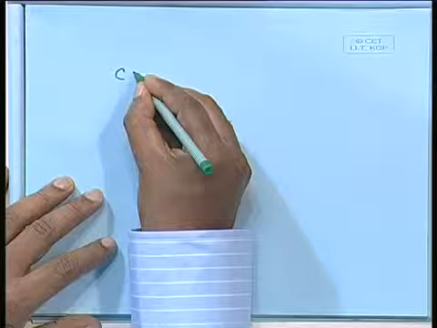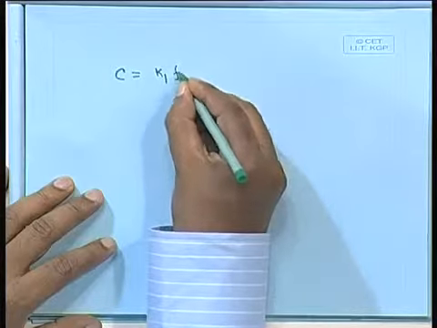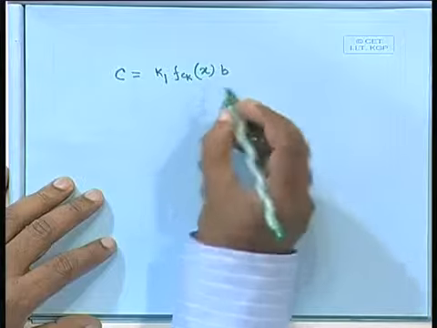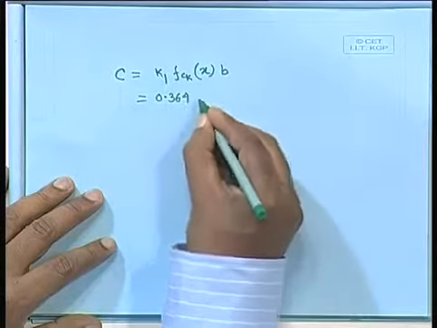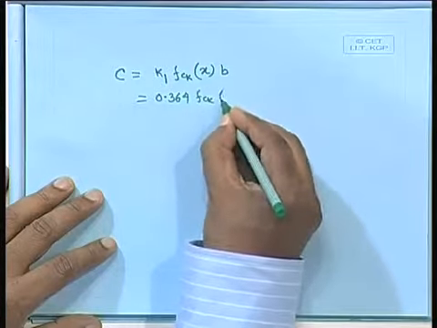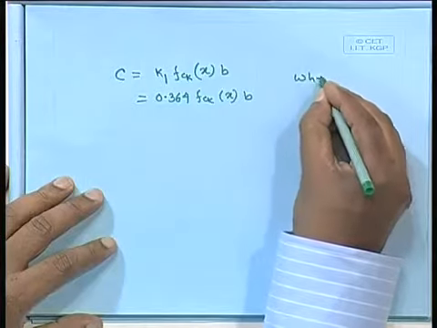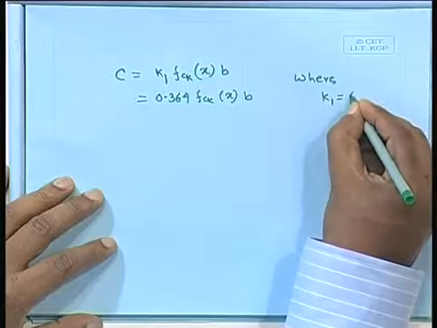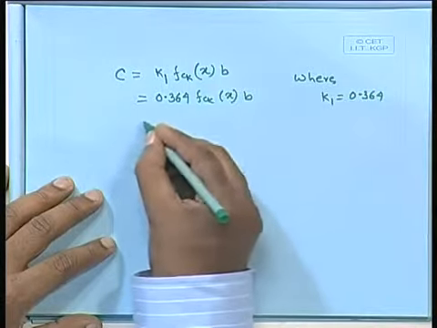We can further write C equal to K1 fck x b, in our case 0.364 fck x b, where K1 equals 0.364.